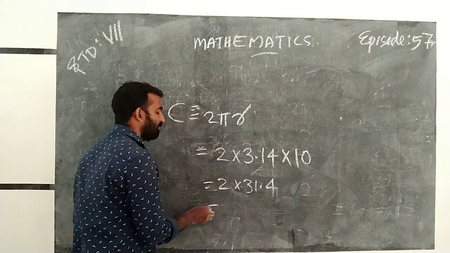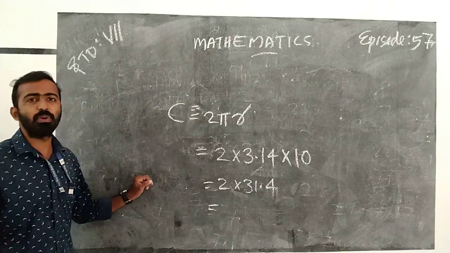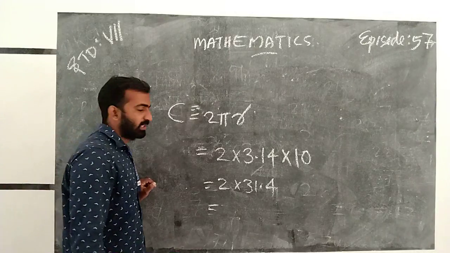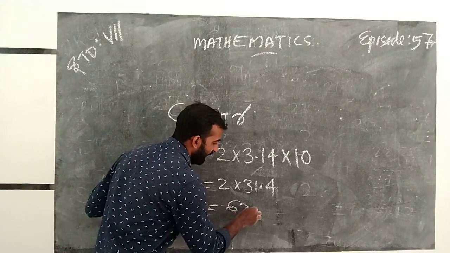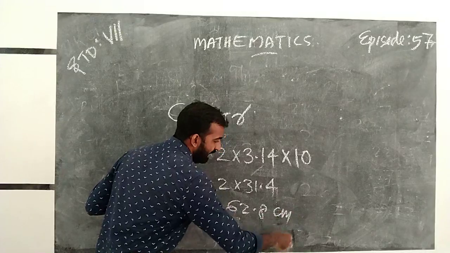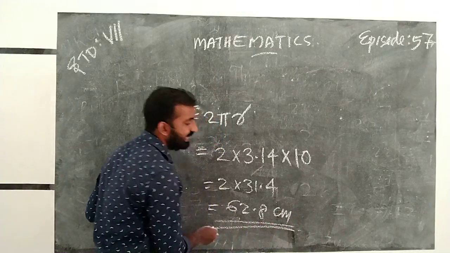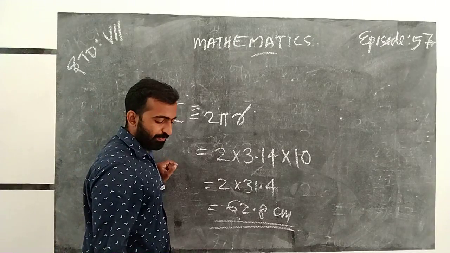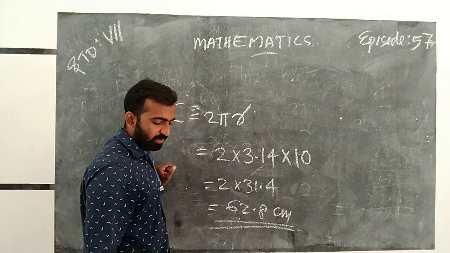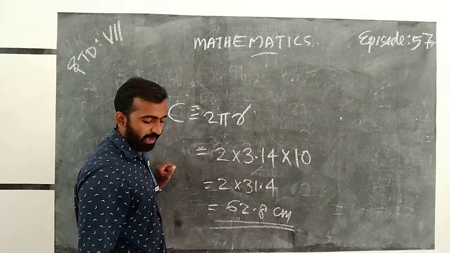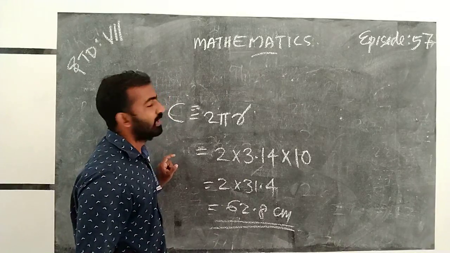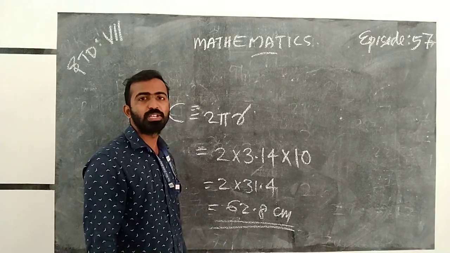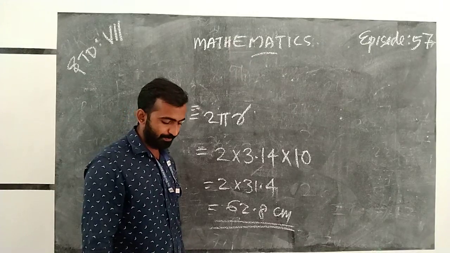When we multiply 2 into 31.4, we get 62.8 centimeter, the circumference of that pipe. Therefore, the length of the tape needed to go once around the pipe is 62.8 centimeter.